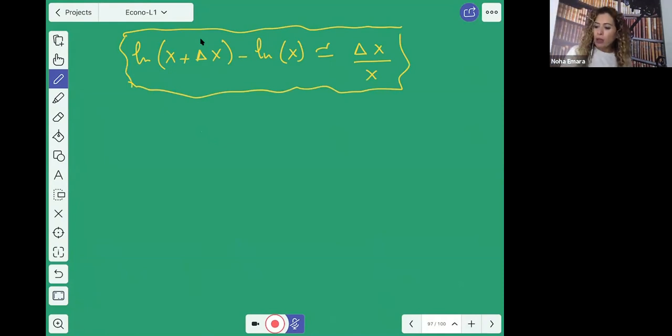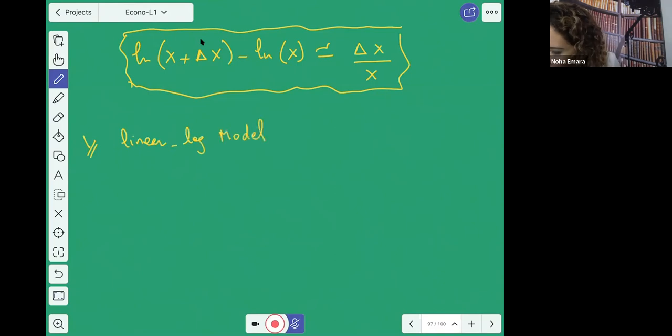Okay, so let's start our different types of log models. We said we have a linear log, a log linear, and log-log. So let's start with the first one. What about the linear log model?